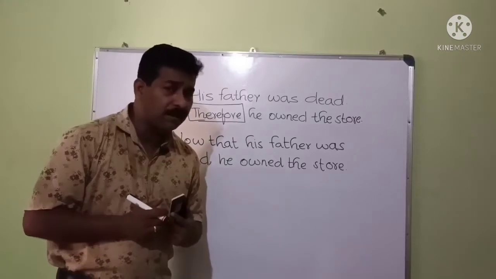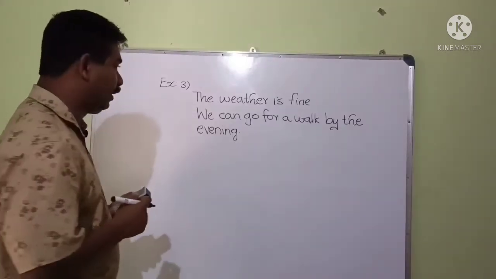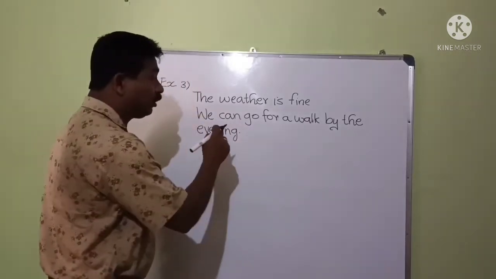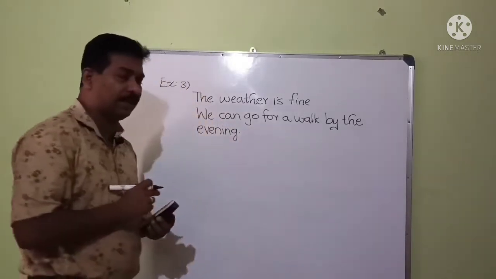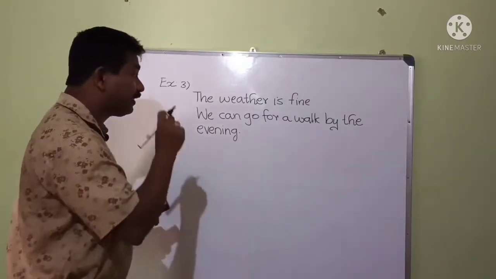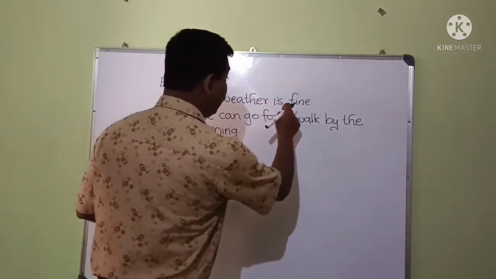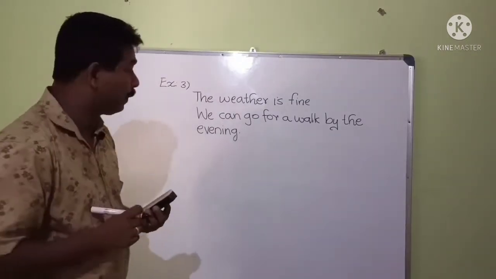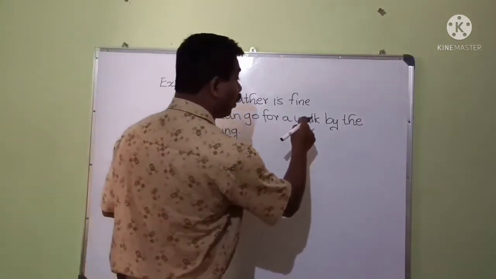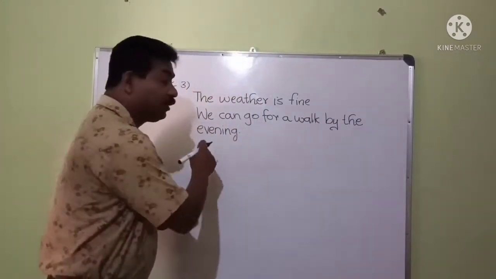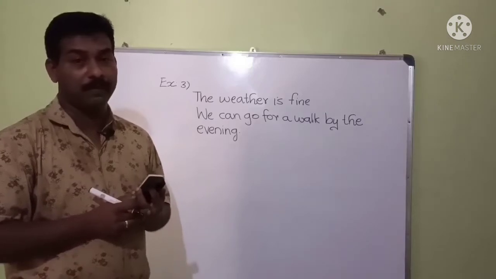Shall we consider another example? The third example. The weather is fine. We can go for a walk by the evening. Here we have two sentences. The first sentence, "the weather is fine," gives us a fact. "We can go for a walk by the evening" is the second sentence and it contains a result.